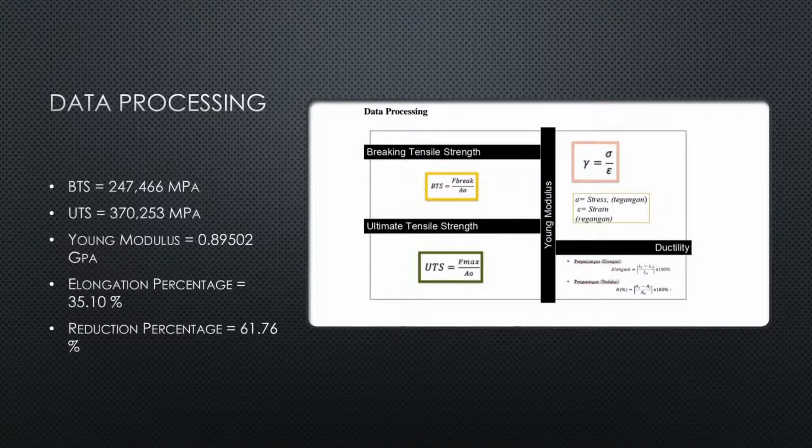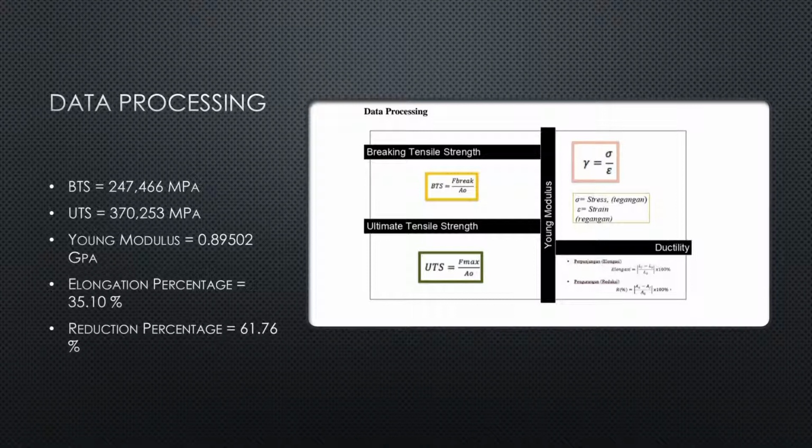And in this laboratory experiment, we need to process some data like the breaking tensile strength. To find the BTS, we need to know the force break divided by the area, so we can get the value of 247.466 MPa.